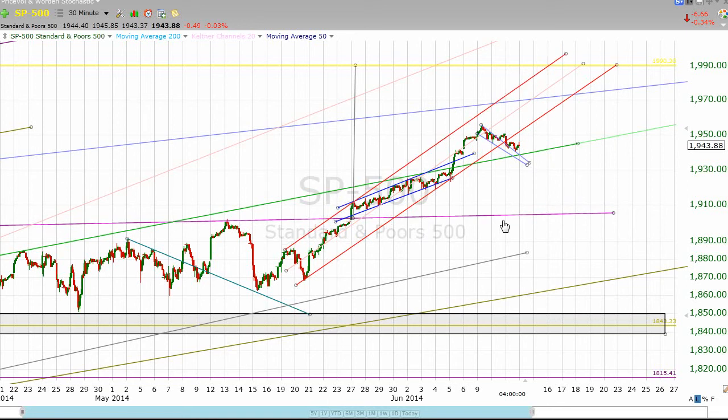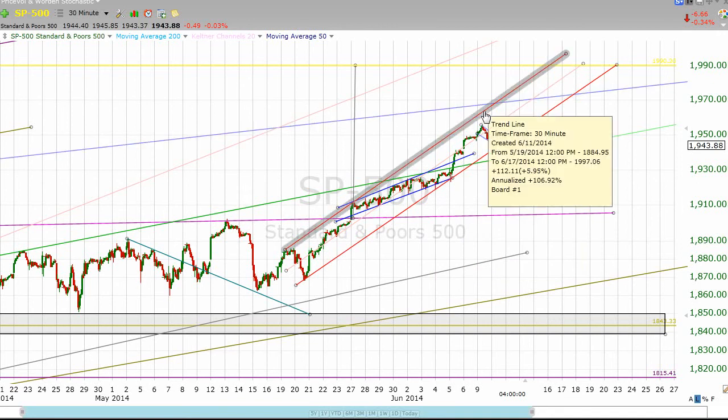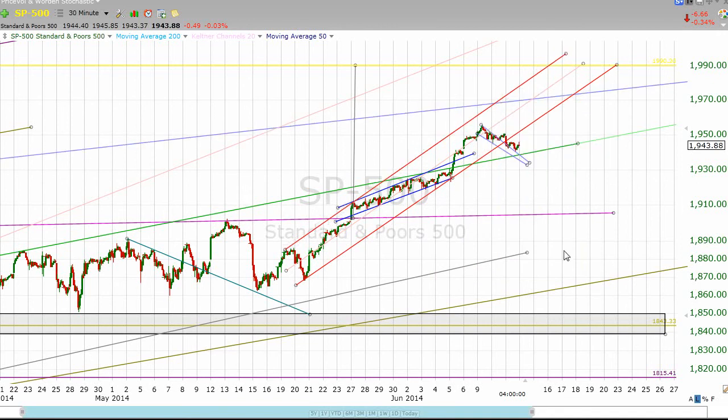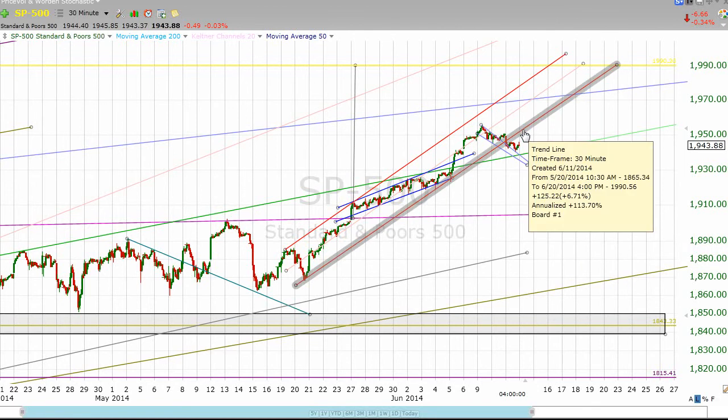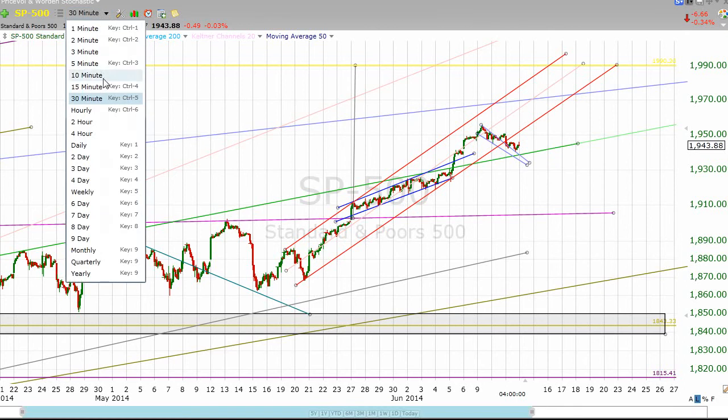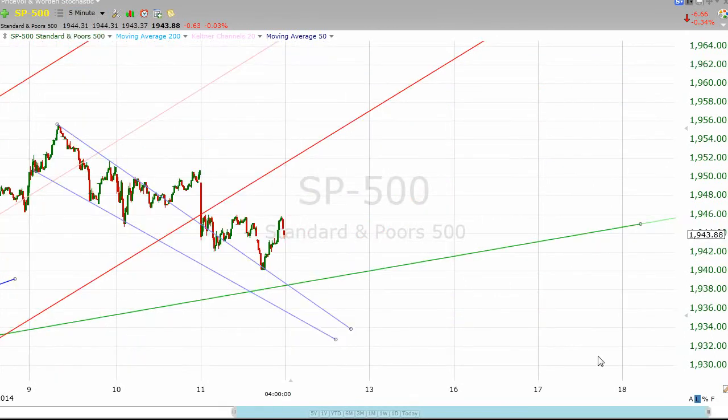You remember we were looking at a very steep channel inside of this. Then we had this little channel that went sideways to up. Then another channel that didn't make this line up here. And now we've come down underneath this line, the support line, but again, in lazy fashion.